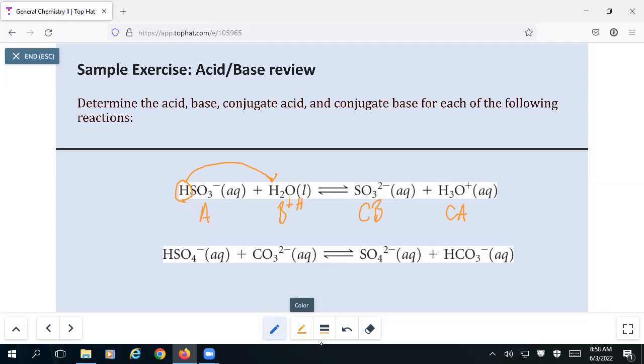Does this conjugate acid act like an acid in the reverse direction? Well, we can see that it is giving a hydrogen to the sulfite ion to turn it back into bisulfite. So yes, it is acting as an acid. The sulfite is acting as a base. We've labeled the conjugates correctly.